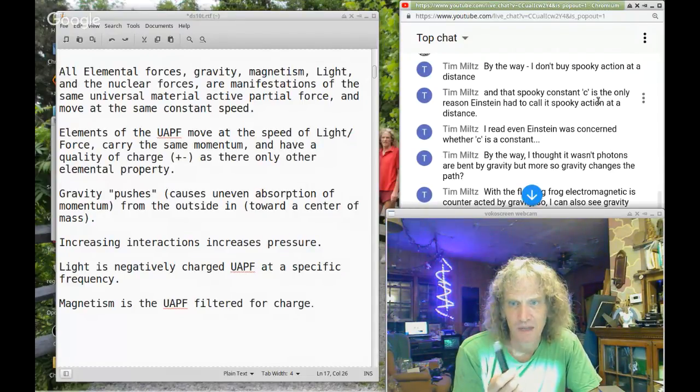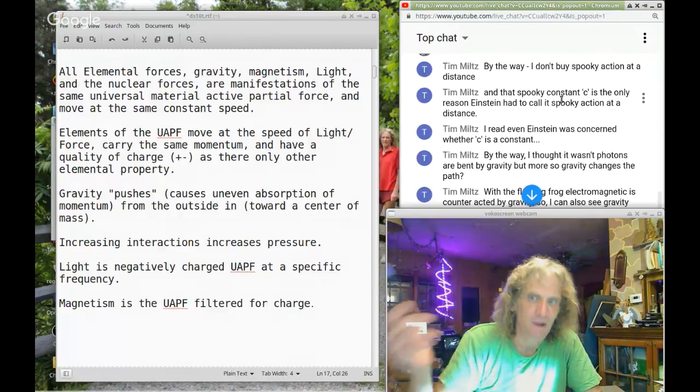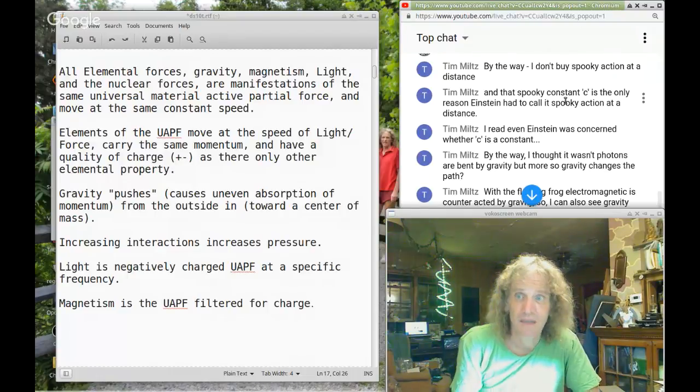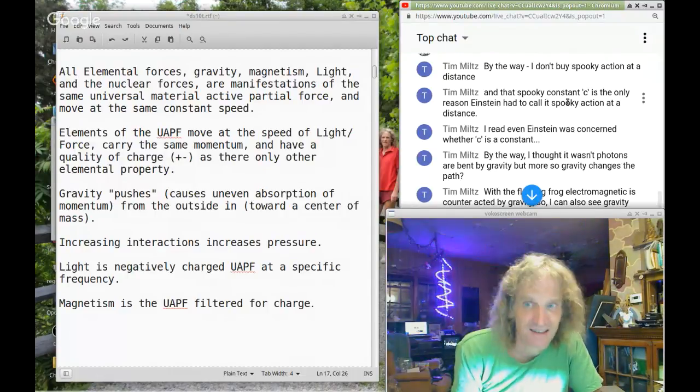And that spooky constant C is the only reason Einstein had to call it spooky action at a distance. Again, that has nothing to do with it. The fact that gravity, like all the forces, moves at a constant speed is just an observed fact.